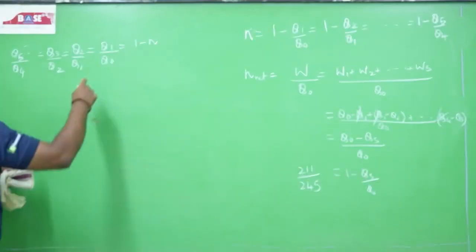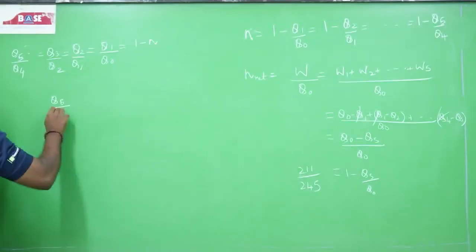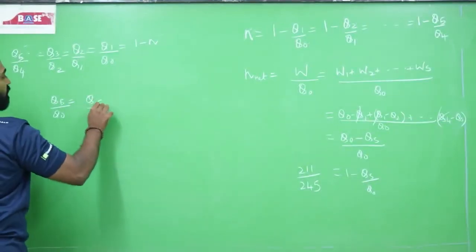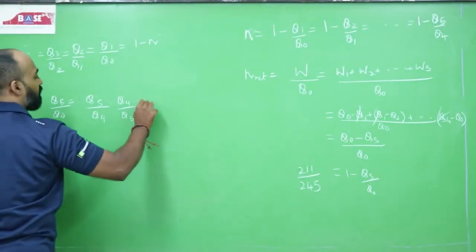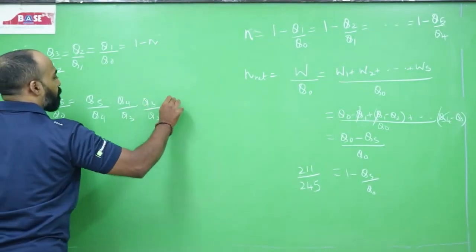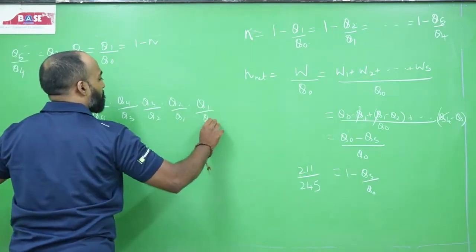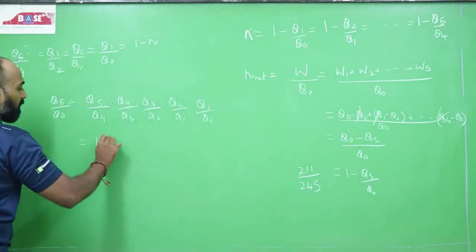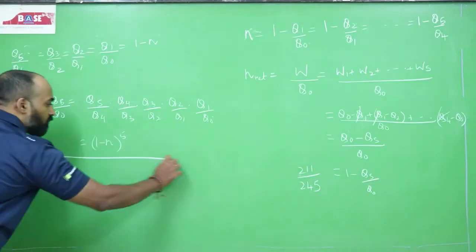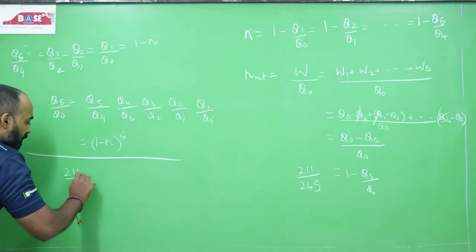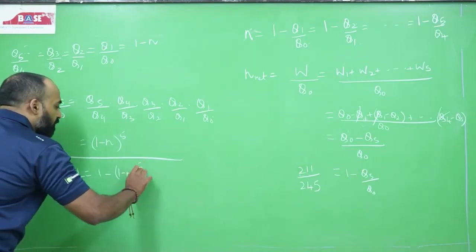So if you multiply all these terms, you get Q5 by Q0 is Q5 by Q4 into Q4 by Q3 and so on. This is 1 minus eta power 5. Right?